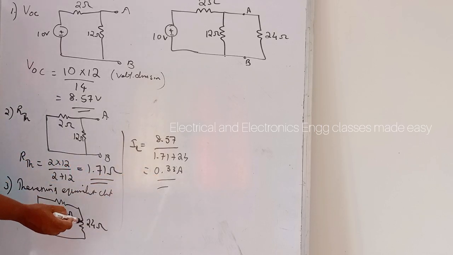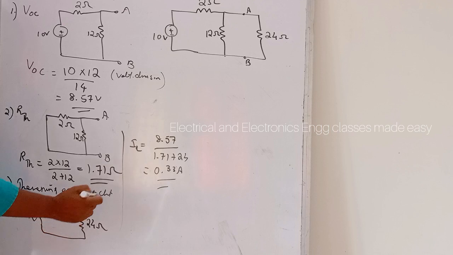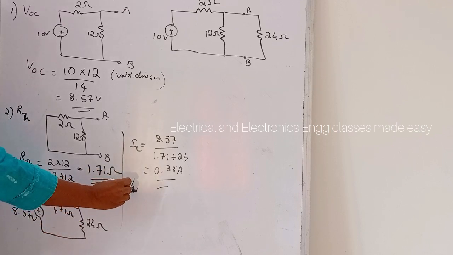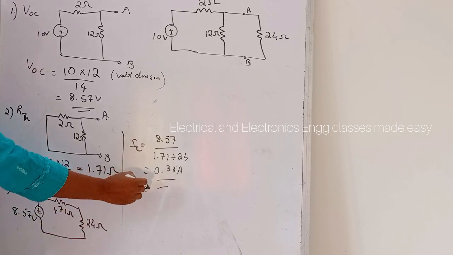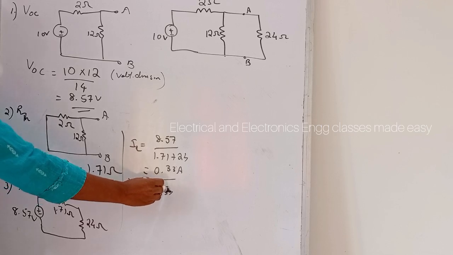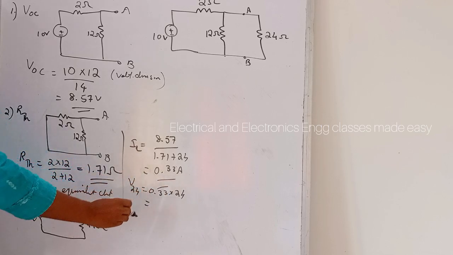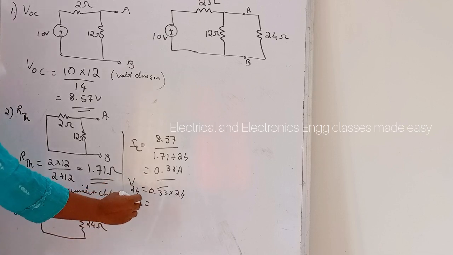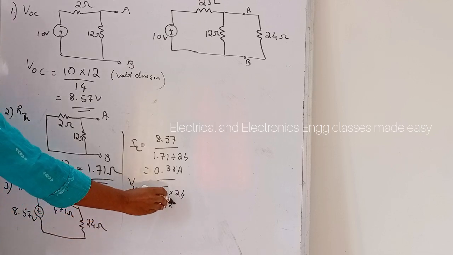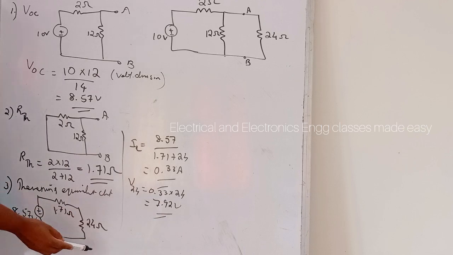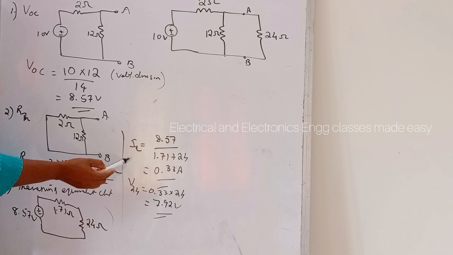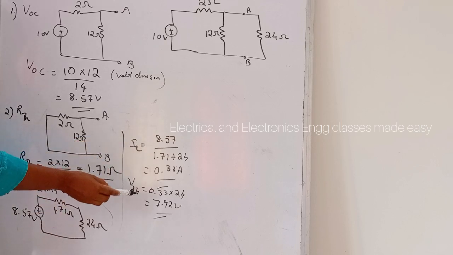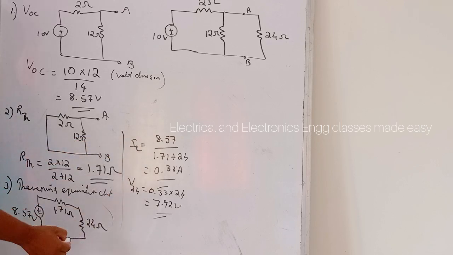If we want to find the voltage across this 24 ohm resistor, it is the current into 24, that is 0.33 into 24, and that is equal to 7.92 volt. So this is the equivalent Thevenin circuit, and if we want to find the values of current and voltage, we can find them like this.